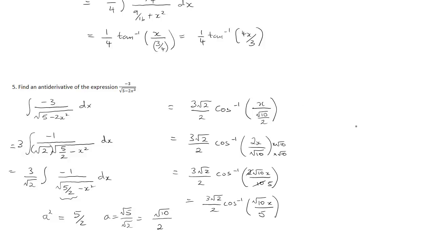Okay, now what I didn't describe was the domain. So you can see that the original expression has a denominator of square root of 5 minus 2x squared. And we know that the content within that has a bit of a restriction.